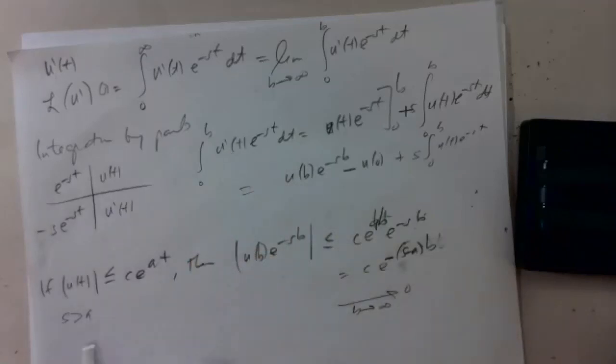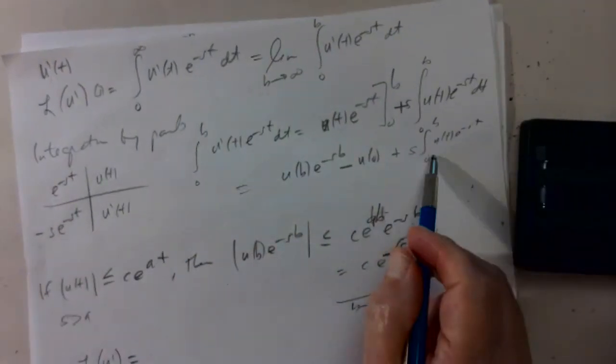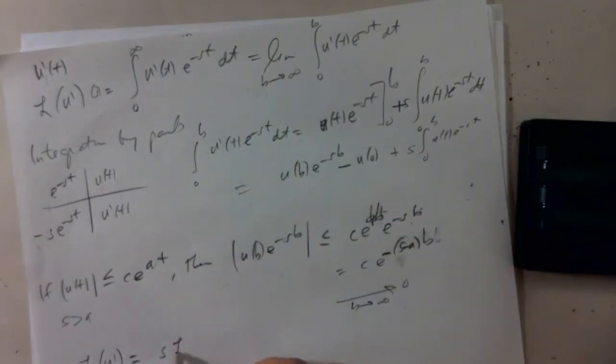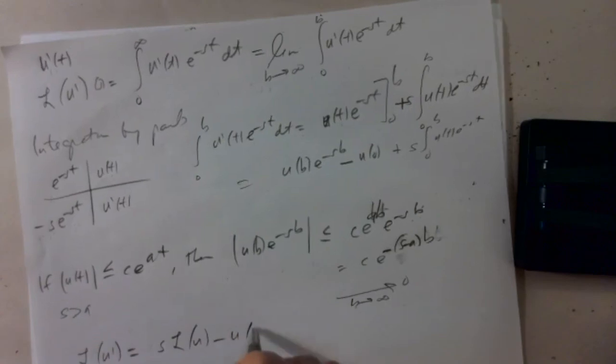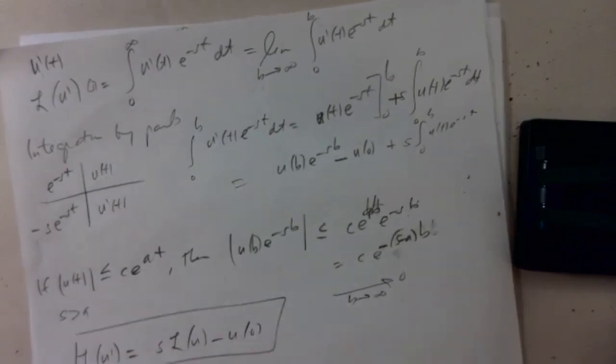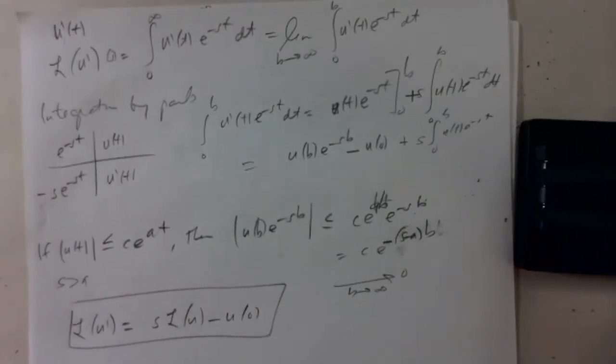So what we have is the Laplace transform of u prime is equal to s times the Laplace transform of u minus u of 0. What you'll see is that the Laplace transform is going to convert a differential equation to a polynomial, to an algebraic equation.